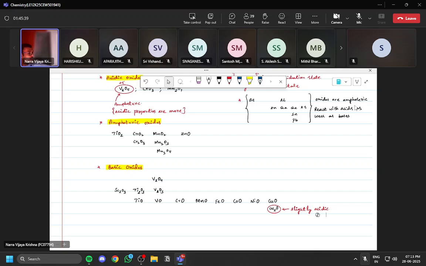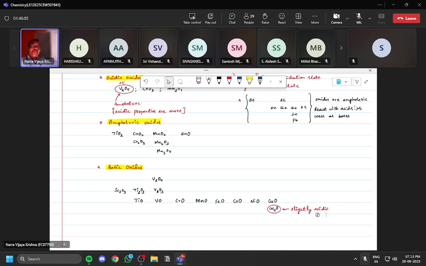If you observe carefully, lower oxidation states are basic, higher oxidation states are acidic. Instead of remembering all these things, simply remember these 3 and these 6. V2O5, CrO3, Mn2O7 are acidic, in which V2O5 is amphoteric but acidic character is more.